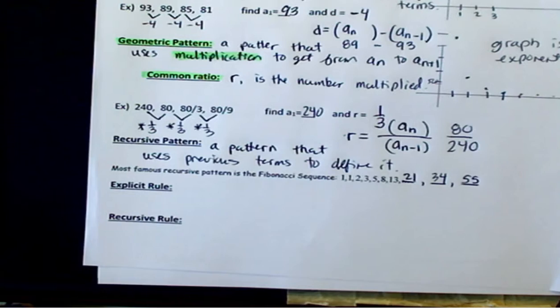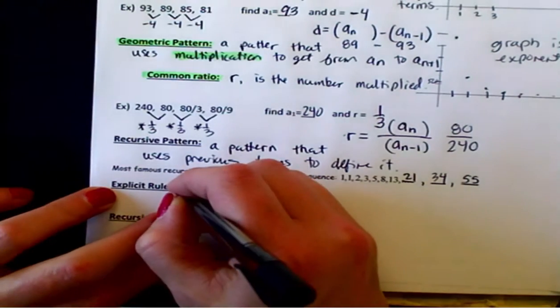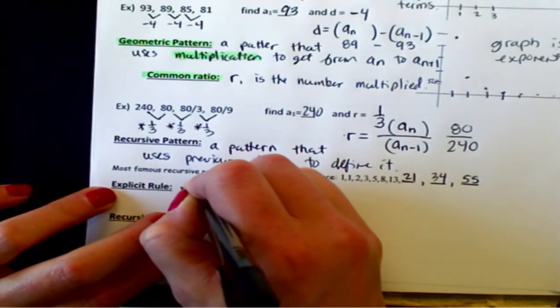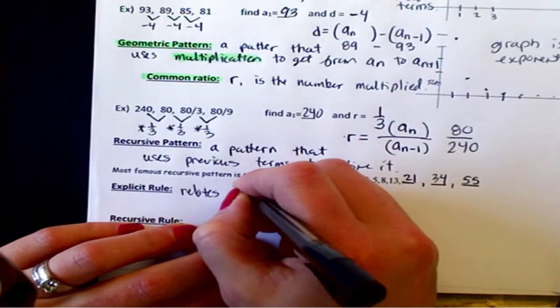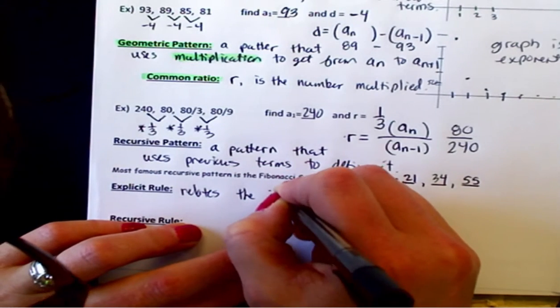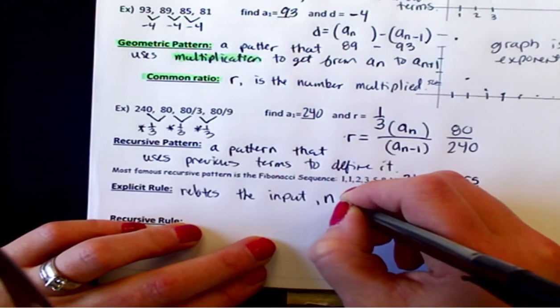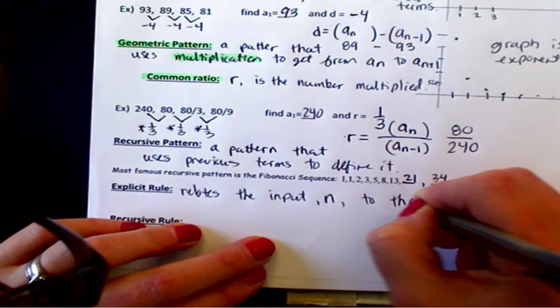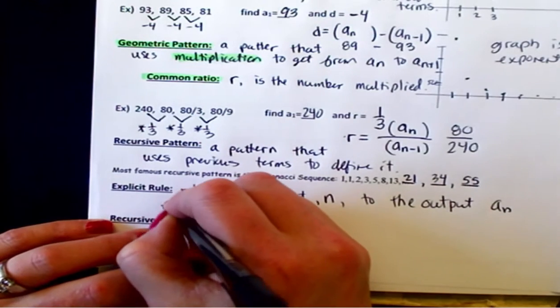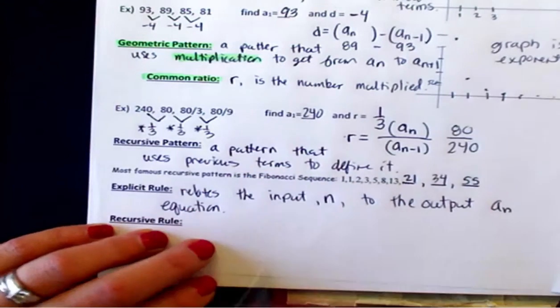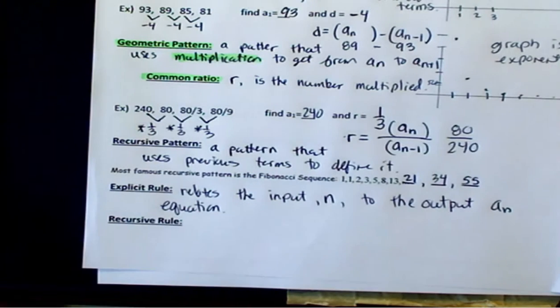55. Okay. Almost there. I know it's a lot of vocab. An explicit rule relates the input n to the output a sub n. And this is an equation. It could be a linear equation. It could be an exponential equation.